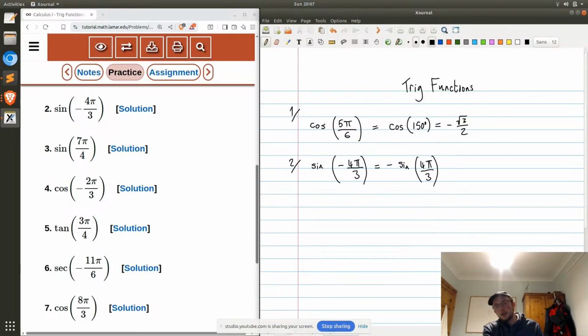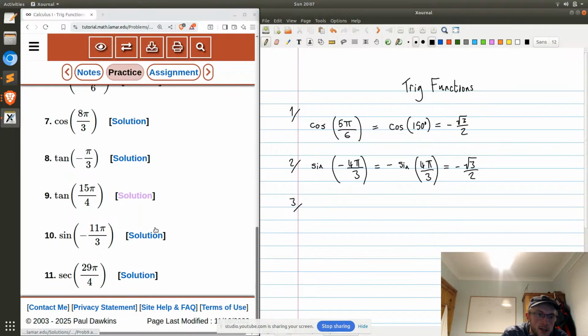And then 4 pi over 3, pi is 180 degrees, and then you add on a third of it, and so 240, and so yeah, it's 30 degrees before a trough again. So I believe it's also that.